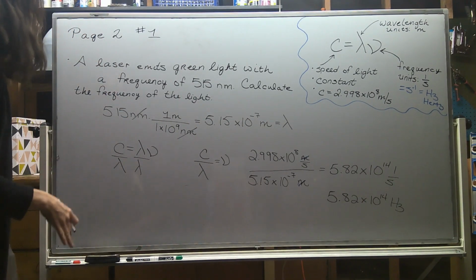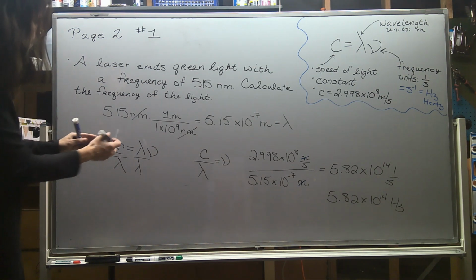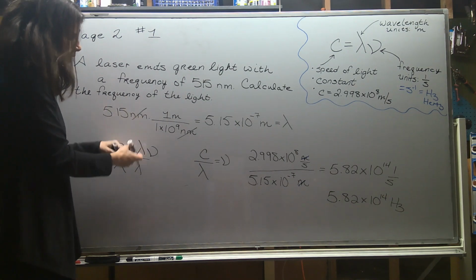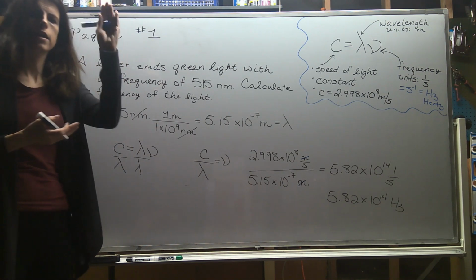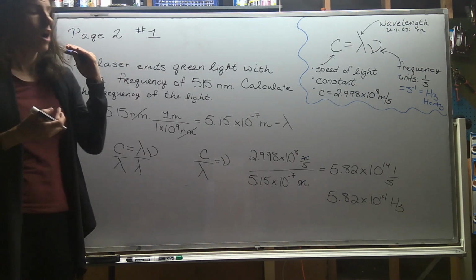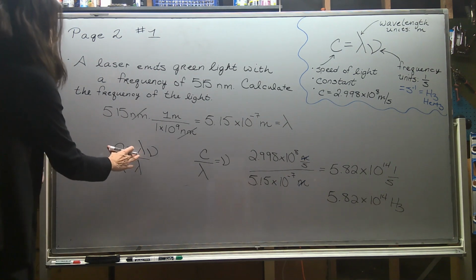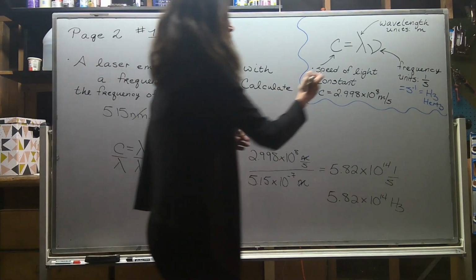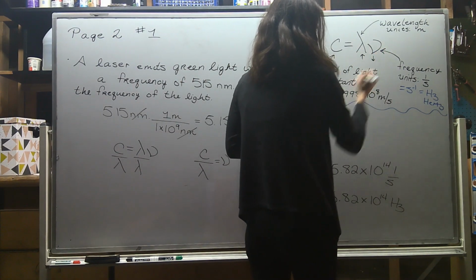The last thing before we move on to the next problem: we're going to see this relationship. Because the speed of light equals wavelength times frequency, as wavelength becomes bigger, frequency becomes smaller. So these two things share an inverse relationship. As this goes up, this goes down.